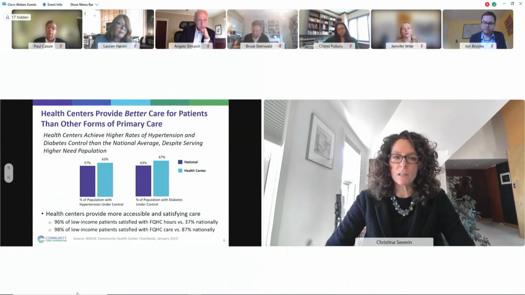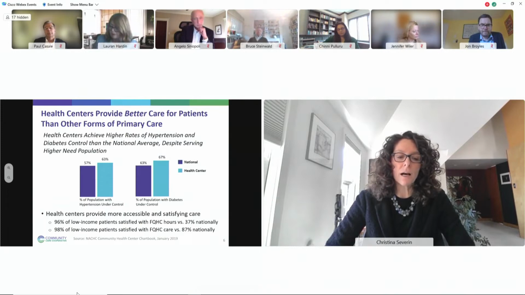And then the third quality metric on this slide is about patient satisfaction, where health centers also outperform the market. You can see the first line is users satisfied with hours, 96 against 37, FQHC to national. And the second one is overall satisfaction with care, 98 against 87, FQHC against national, respectively.